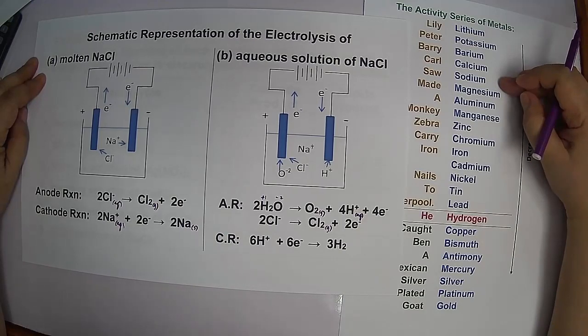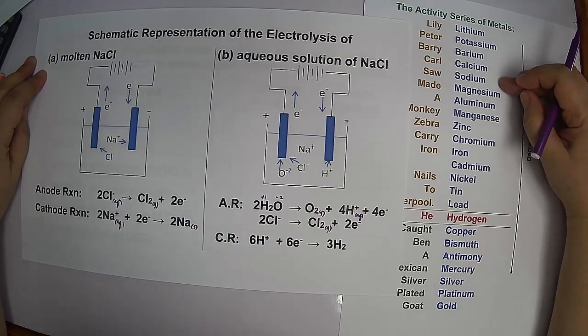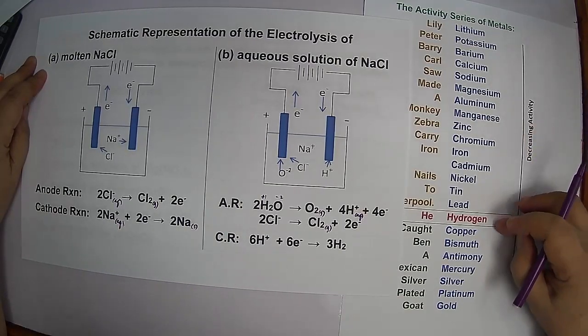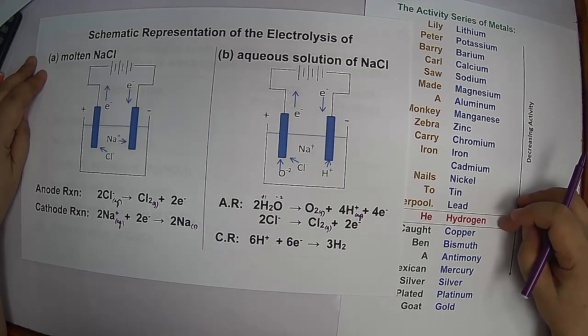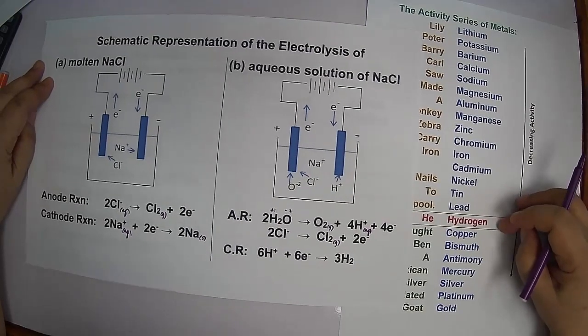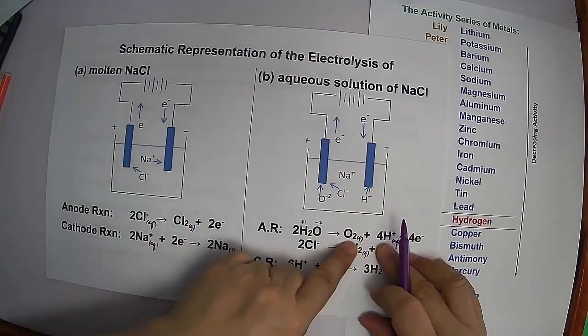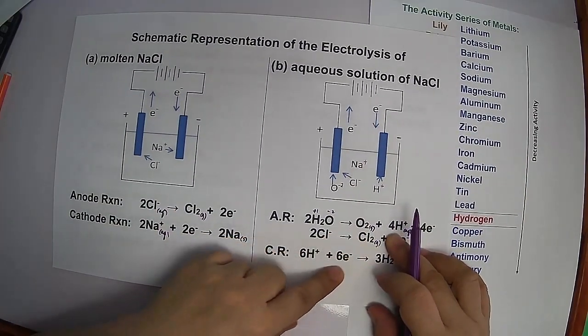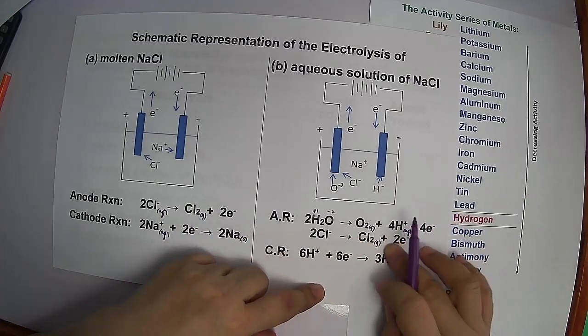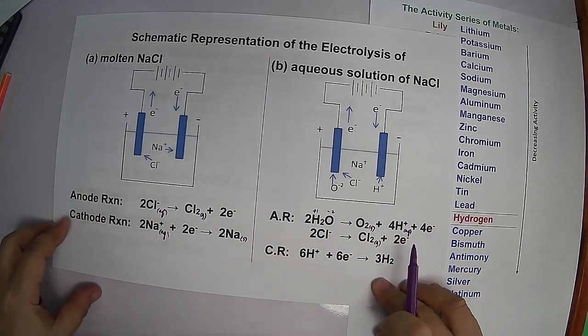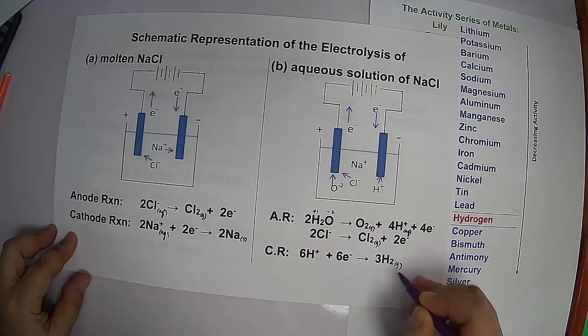So sodium has a greater tendency to give electron than to accept electron, and hydrogen has a greater tendency to accept the electron. So it is the hydrogen ion produced during the oxidation of oxygen here that will accept those 6 electrons, forming 3 moles of hydrogen gas.